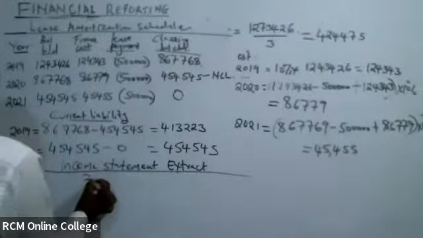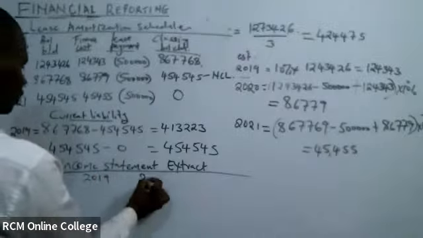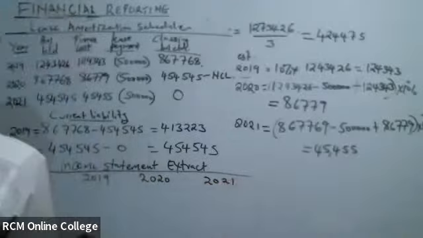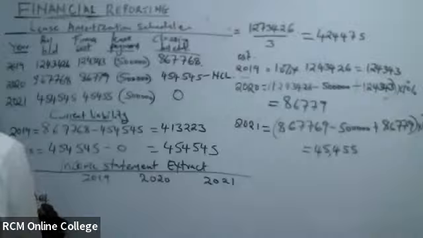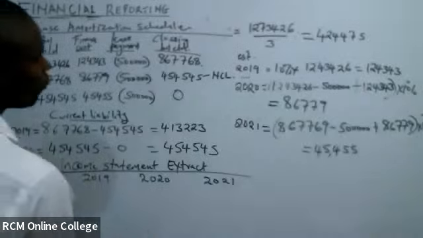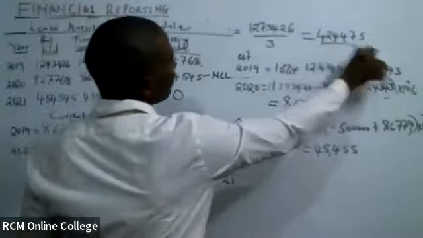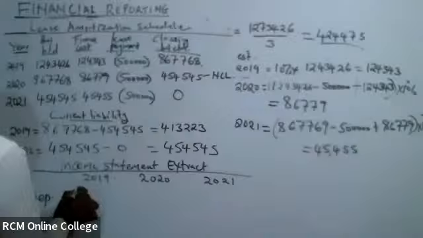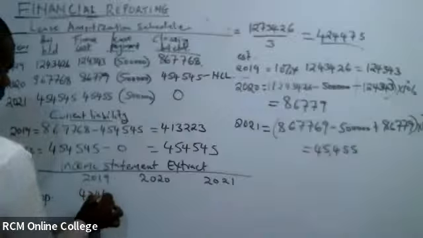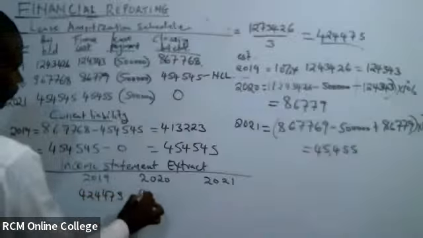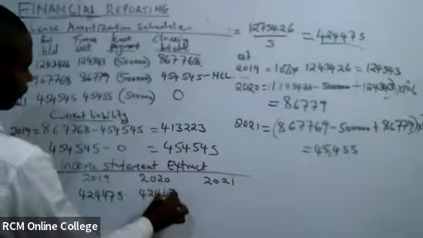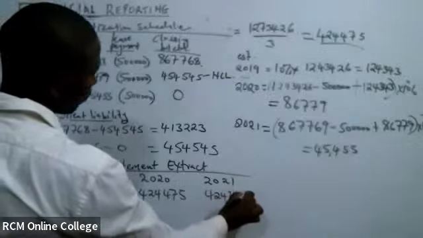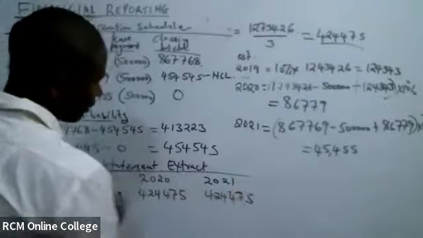So we have 2019, 2020, and 2021. So depreciation. Depreciation tulikuwa nayo, this one, and it is cutting across 424,475. So hiyo haina maneno mingi.